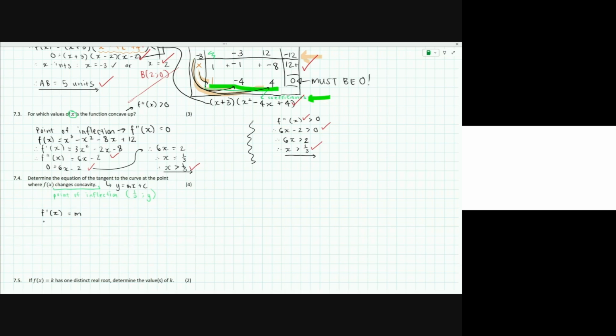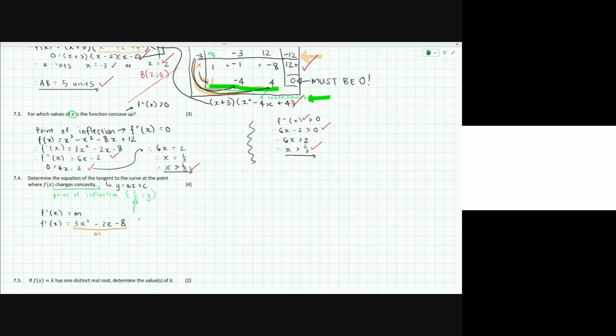Now, we've already worked out the first derivative. We already know that this is 3x squared minus 2x minus 8. So this expression that I have already found gives me an expression for the gradient. I know that I am specifically looking at the specific coordinate of a third.